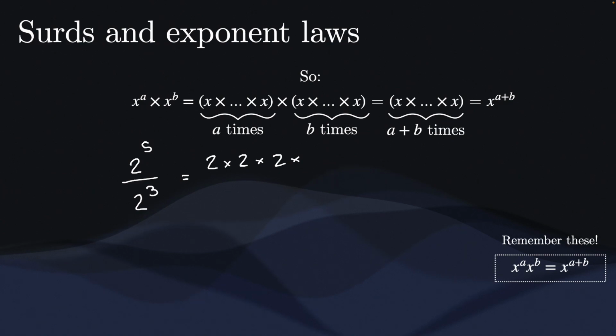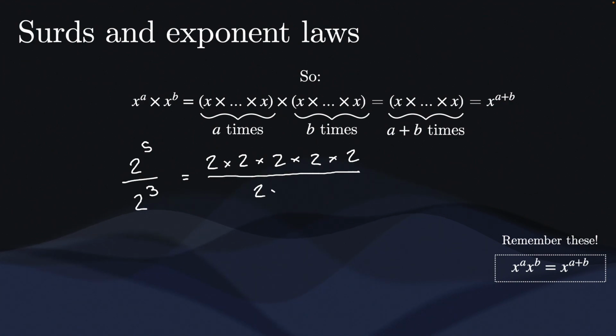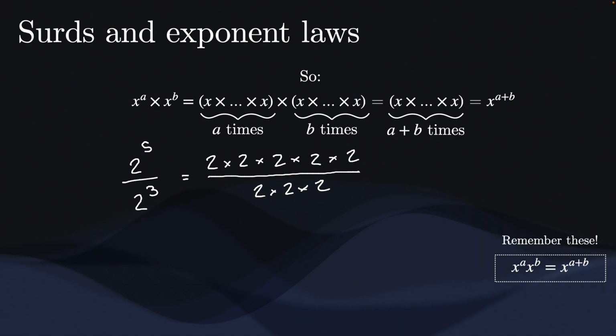So let's write this out. 2 times 2 times 2 times 2 times 2 divided by 2 times 2 times 2. That's 3 times. And what we can realize is, well, hold on a minute. What happens if you have two numbers that are the same in the numerator and denominator?